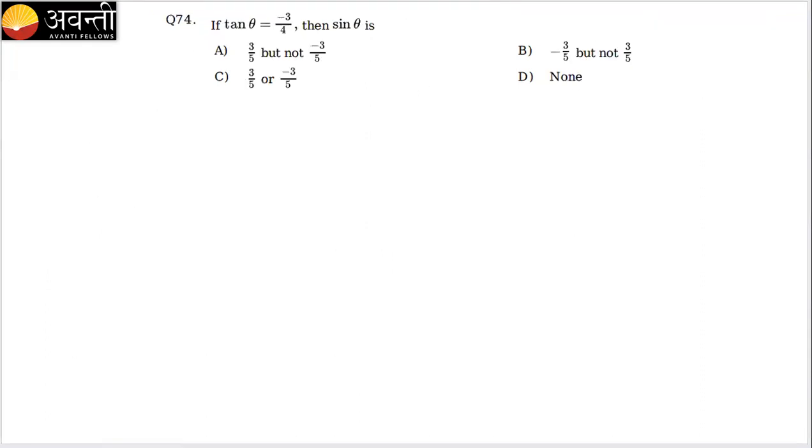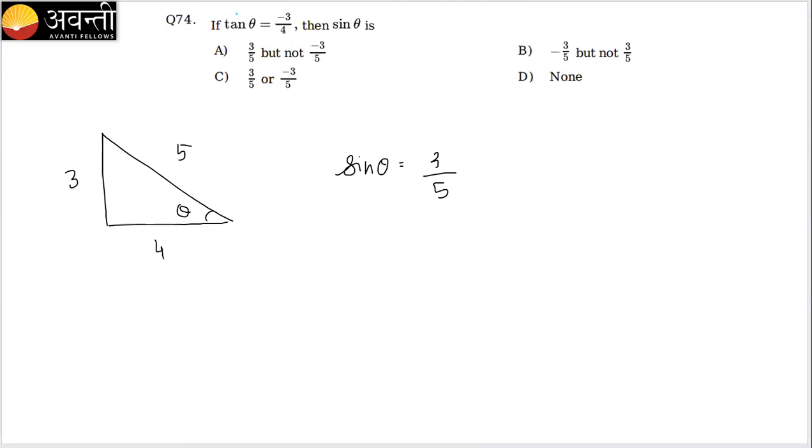Next question. If tan theta is minus 3 by 4, this is a very simple question, so I can easily make a triangle. This is theta. Tan theta is opposite upon adjacent, so that means the hypotenuse is 5. Now we have to find sin theta. Sin theta will be equal to opposite upon hypotenuse.